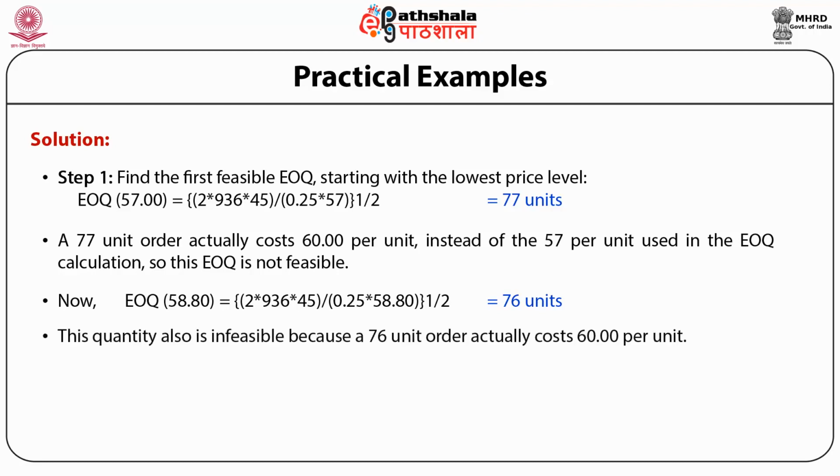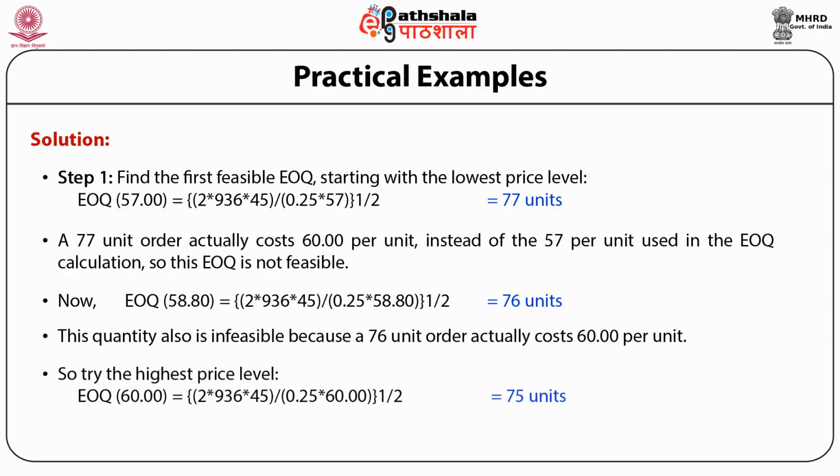This quantity also is infeasible because a 76 unit order actually costs 60 per unit, so try the higher price level.